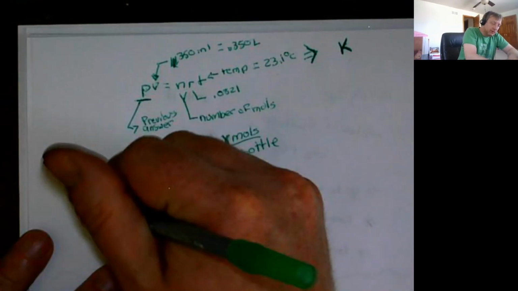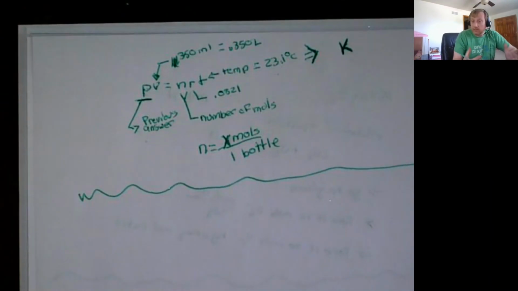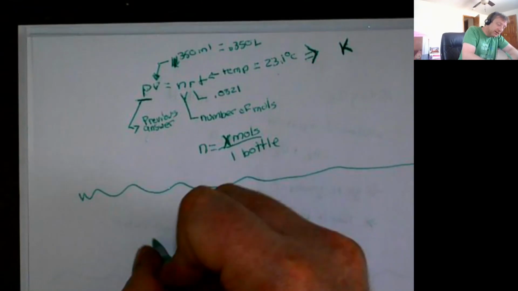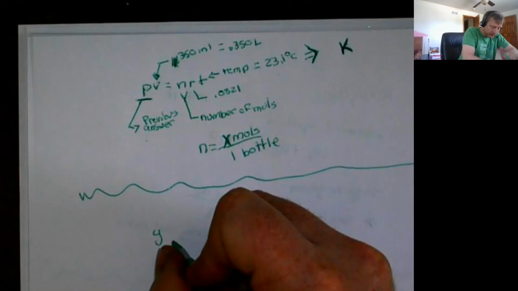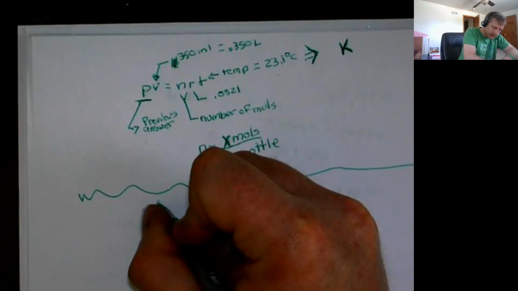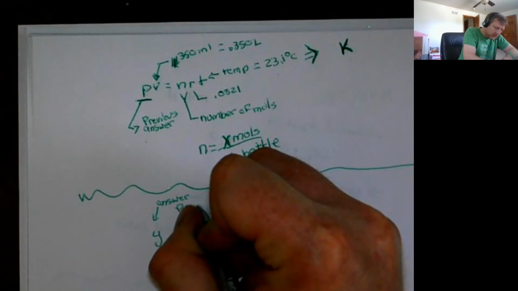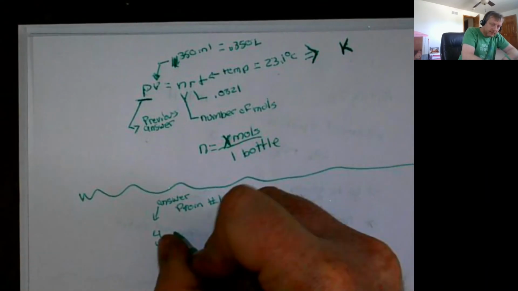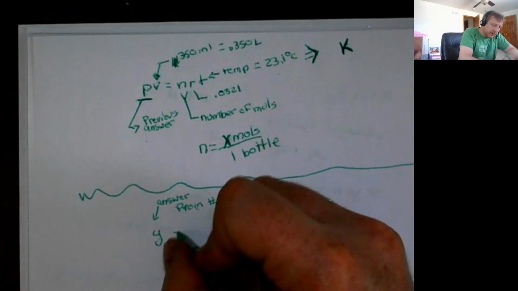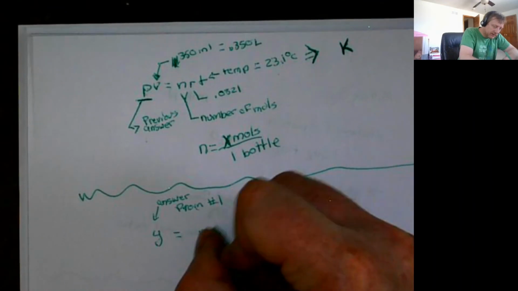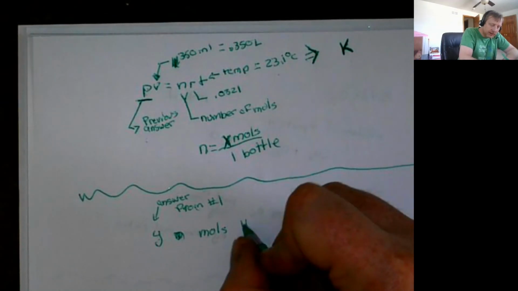So what you know from your original answer to question number one is you need some number, well, I'll call it y. Again, I'm not going to do the calculation for you, but it's the answer from problem 1. Okay, and that answer from number 1 is going to be some number of moles of hydrogen needed.